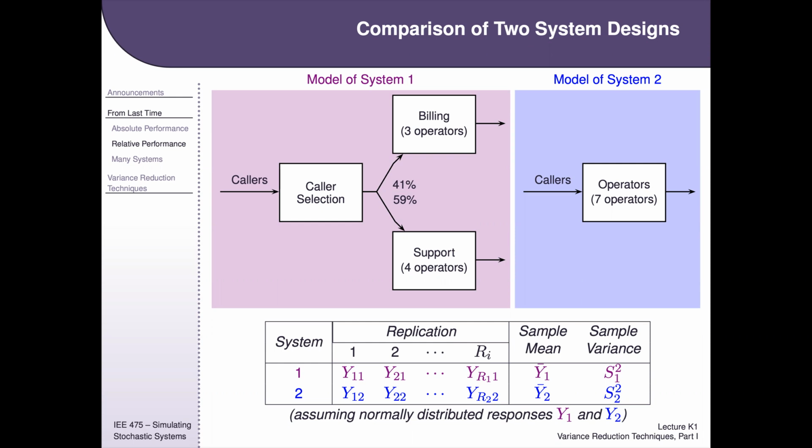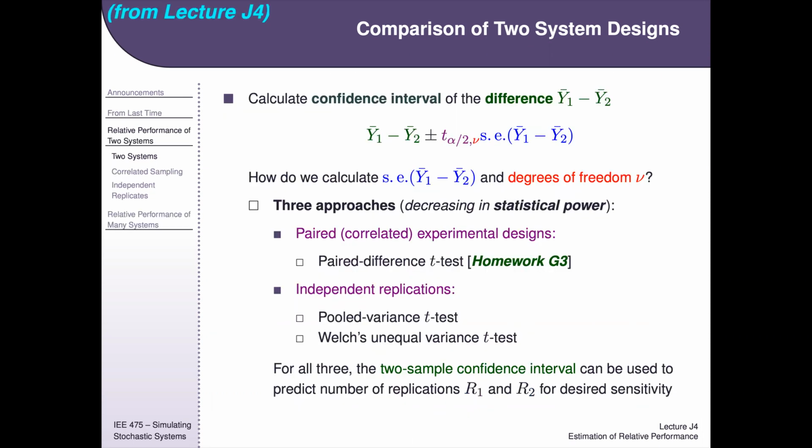So we run a certain number of replications of one, a certain number of replications of the other, not necessarily the same number of replications. We get a mean and a variance for both, but we then need to think about them in this interval perspective. So when we think about comparing two systems together with one interval, we think about the interval of their differences.